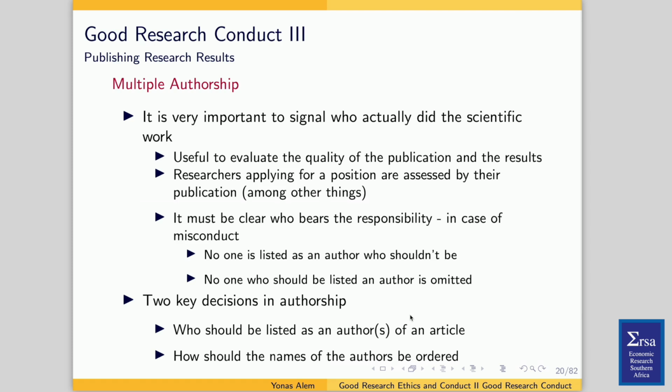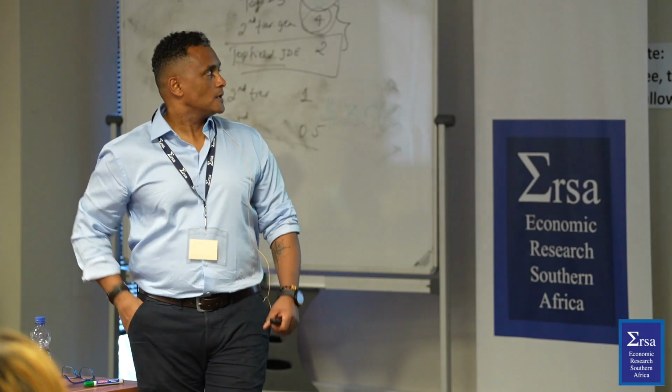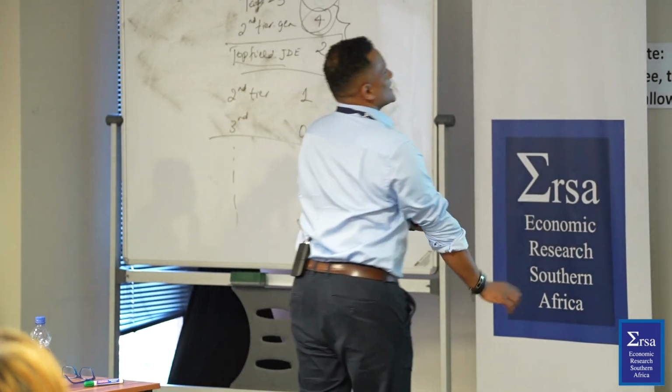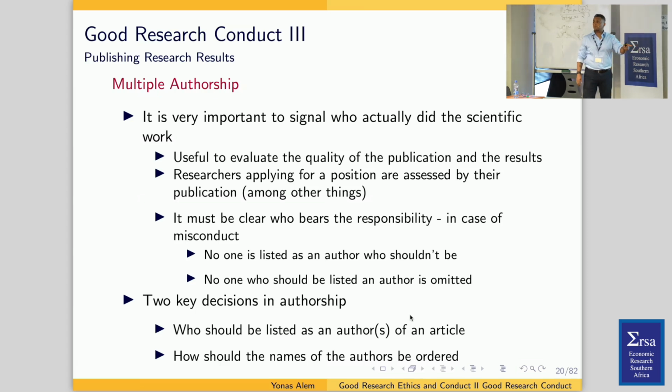The key decisions in authorship are who should be listed as an author and how the names of the authors should be ordered. These are the things that you have to ask at the time you want to submit. The first question has been discussed at great length internationally. That means who should be listed.